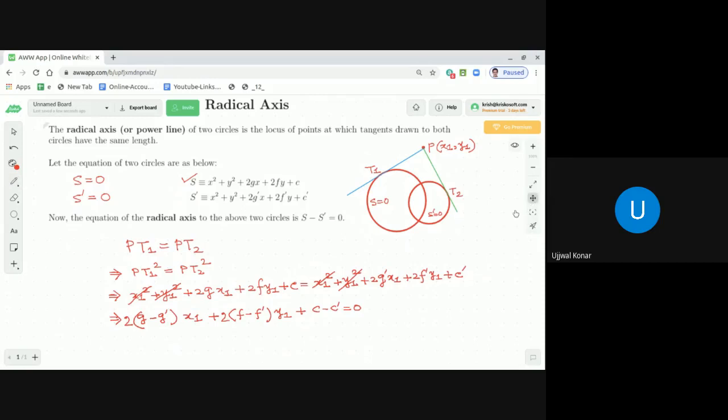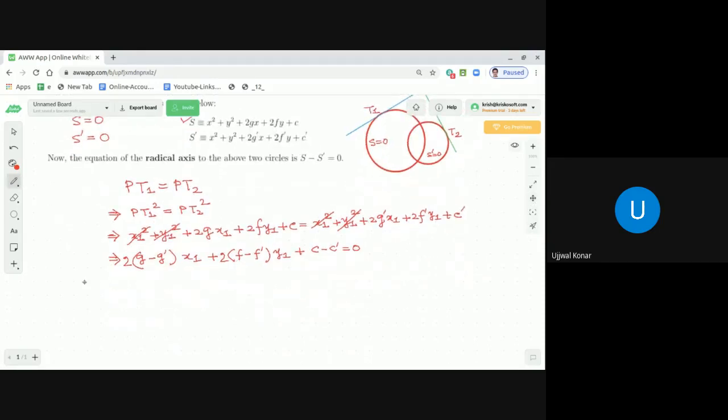So the locus of the point x1, y1 will be, to find the locus we need to replace x1 by x and y1 by y, 2 into g minus g dash into x plus 2 into f minus f dash into y plus c minus c dash is equal to 0.